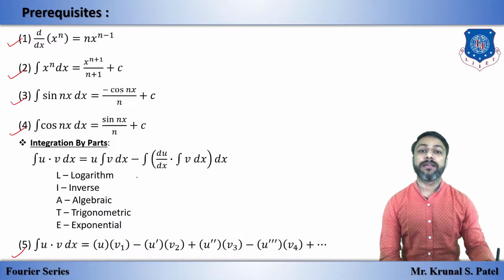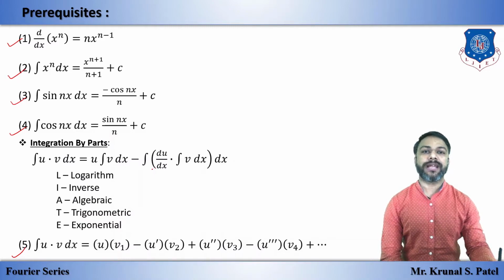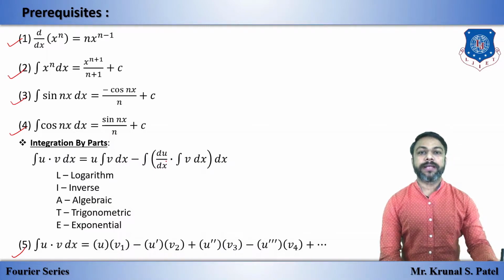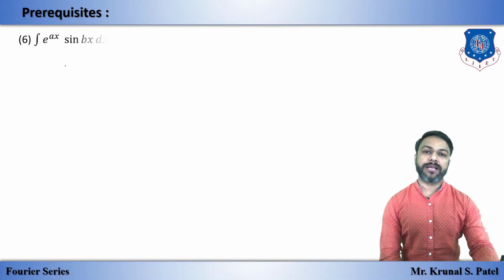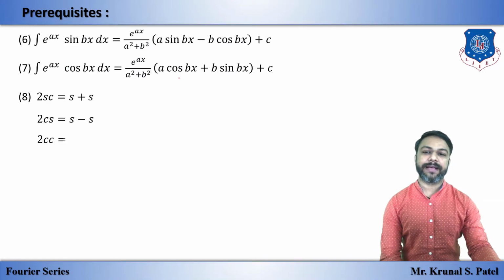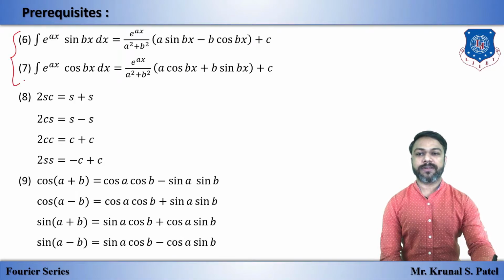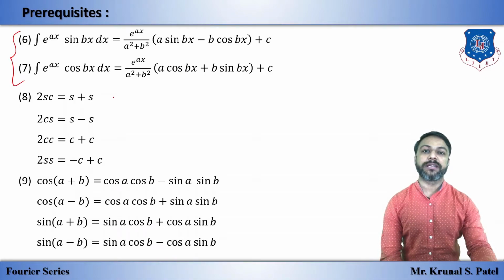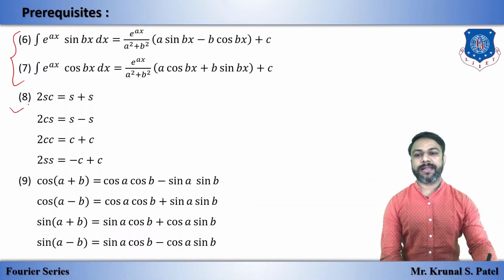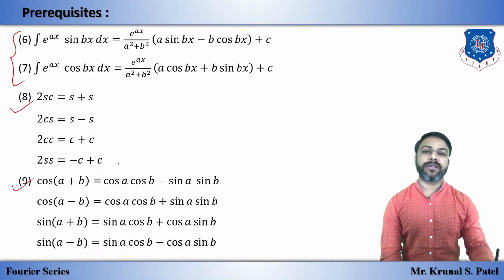You will see that we will use these 5 formulas maximum in each example. We also have formulas 6, 7, 8, 9. We will use 6 and 7 when f of x is e raised to ax, and 7 and 8 when f of x is trigonometric, sine and cos.